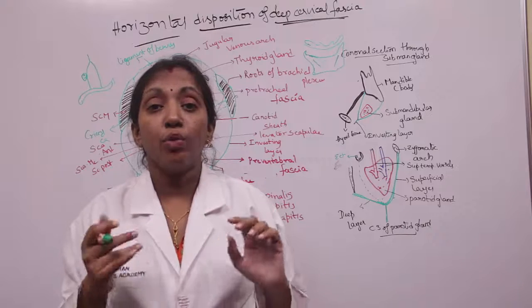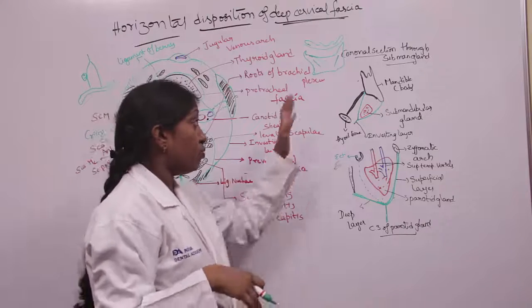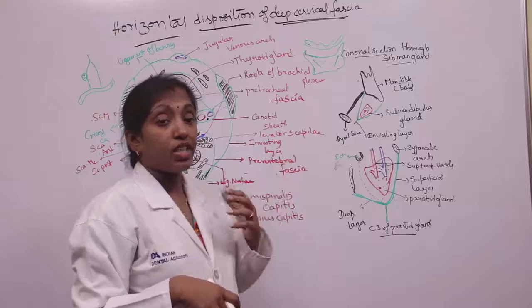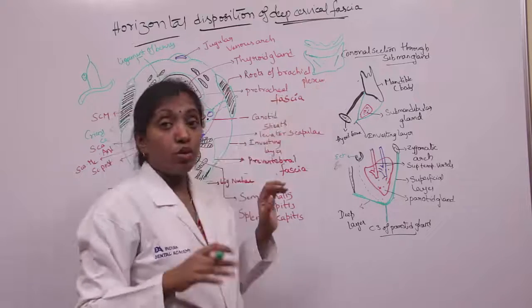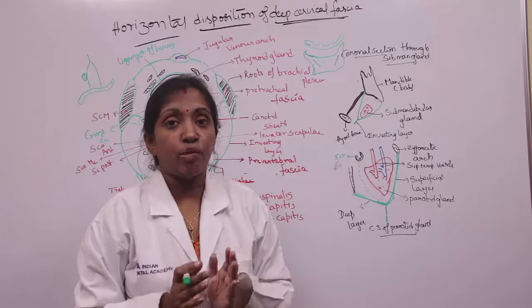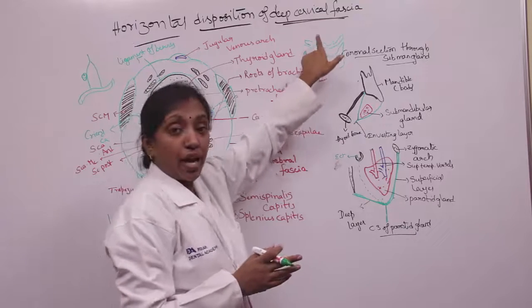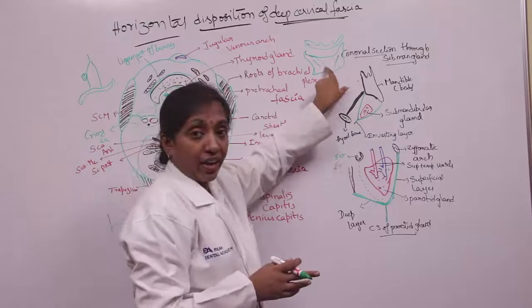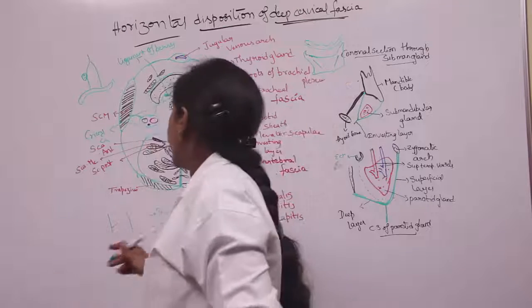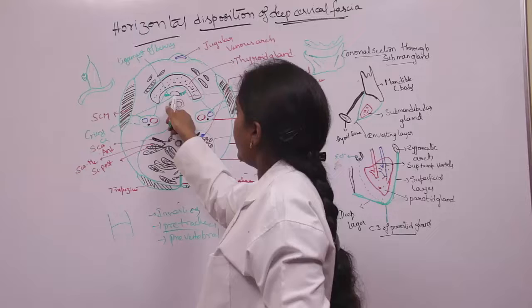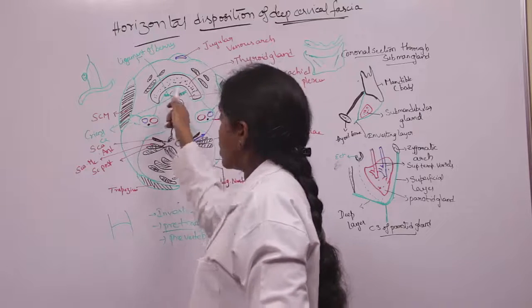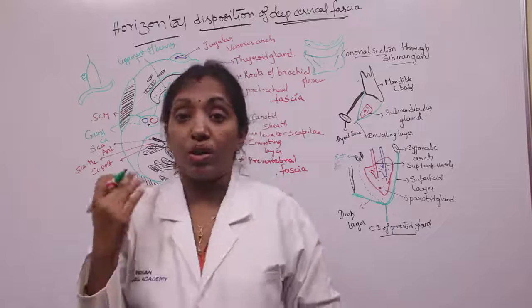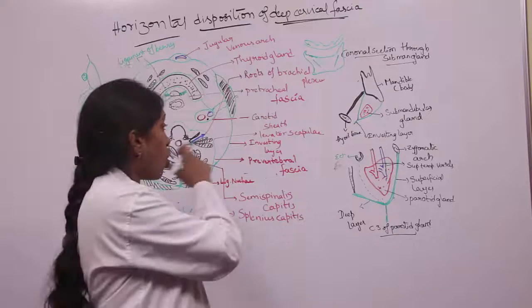So the thyroid gland moves up and down with deglutition because of the attachment of the pretracheal fascia to these structures. The pretracheal fascia vertical disposition is that it is attached to the hyoid bone and the oblique line of thyroid cartilage, and also to the cricoid cartilage from the isthmus of the thyroid gland. The thickened part we call the ligament of Berry, that is the horizontal one.